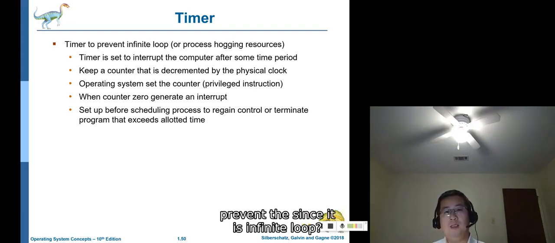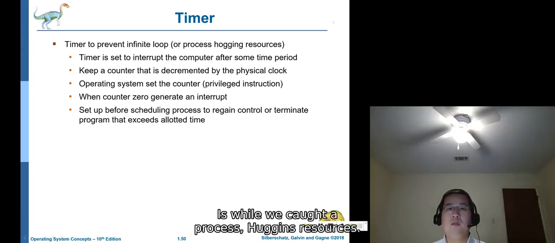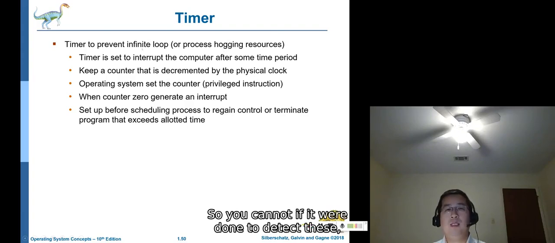Because with an infinite loop, no other task may be scheduled. This we call a process hogging resources. If we don't detect and stop it, it will always occupy the resources, and the other processes waiting for the resources cannot be scheduled to continue.